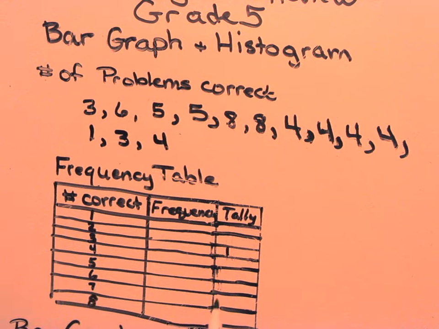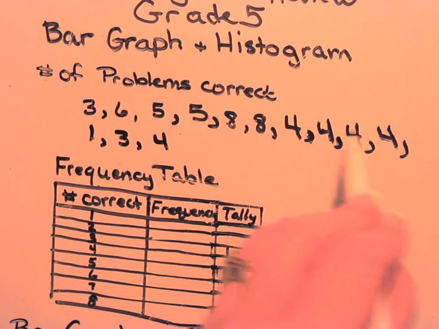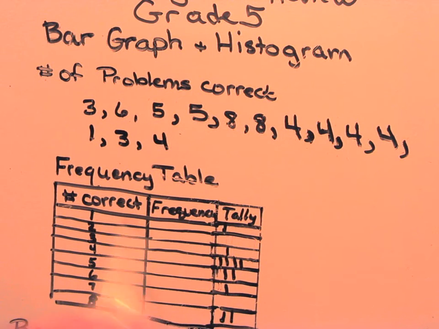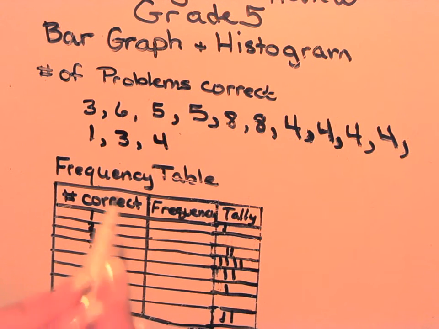A 6, so I put a tally mark in there. A 5, so I put a tally mark there. Another 5, so there's another tally mark. 8, 2 more for the 8s, 8 and 8. 1, 2, 3, 4 4s, so I'm going to go ahead and put 1, 2, 3, 4 of those there. A 1, a 3, and then another 4.